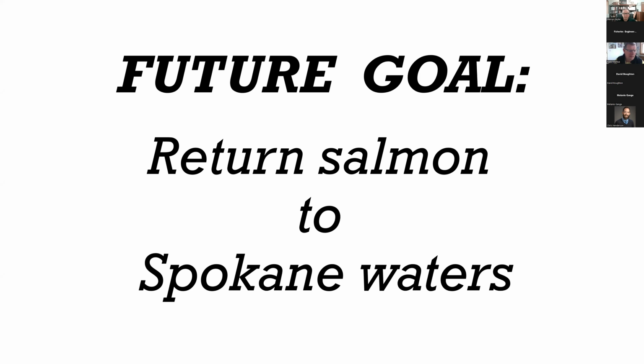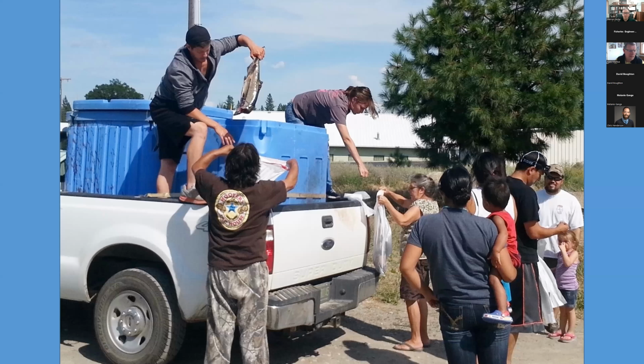Now our goal, really the basis of today's message, is how to get salmon back into Spokane waters. So it used to be, for about 25 years, this is how our people would receive the salmon. As you can see, these are salmon carcasses. When hatcheries need to replenish their stock, they go out, they shock the salmon or the steelhead, and they take these fish for replenishing their hatcheries.